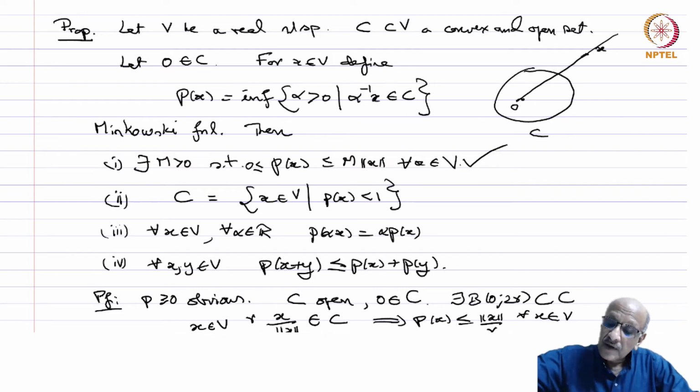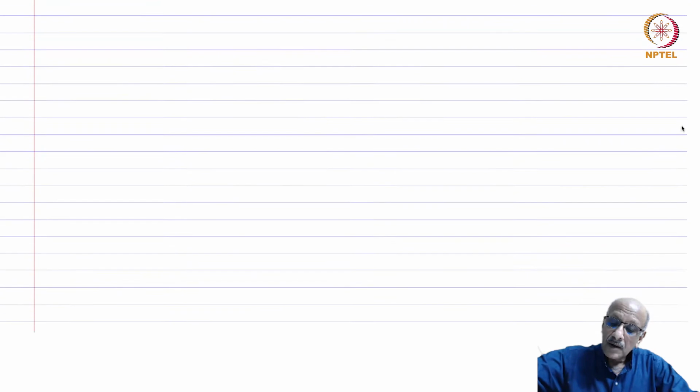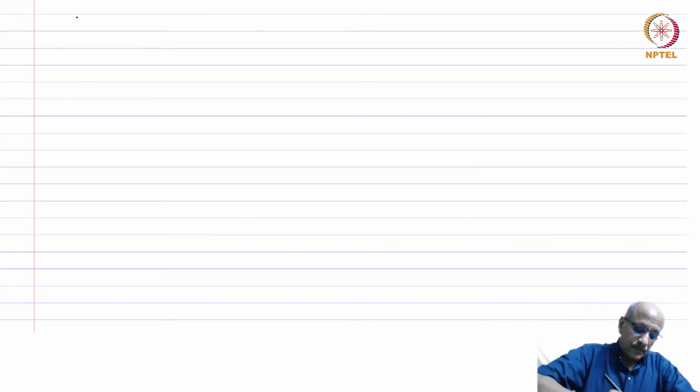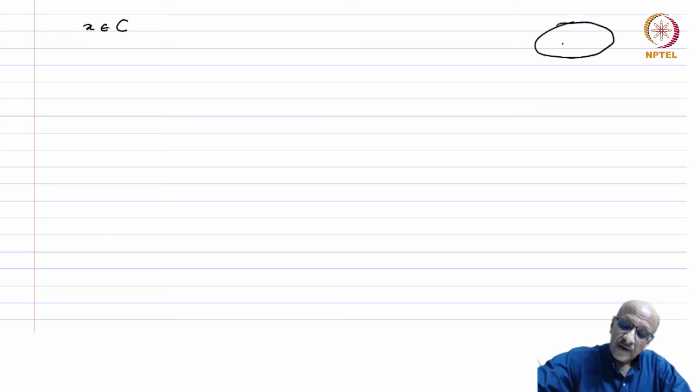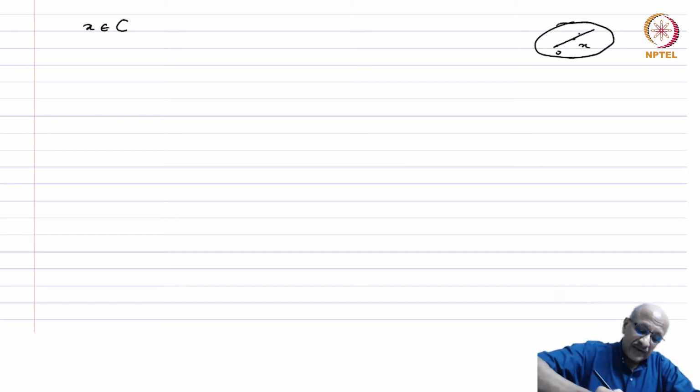So now let us see the second one. So let x belong to C. So x is in C, so C is a convex set. So x is here, say 0 is also here. So if you take 0 to x, since C is open, therefore you will be able to extend this line a little more inside C itself.